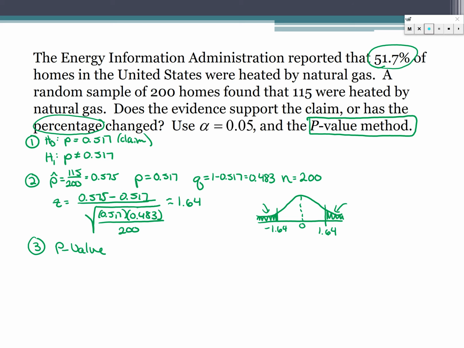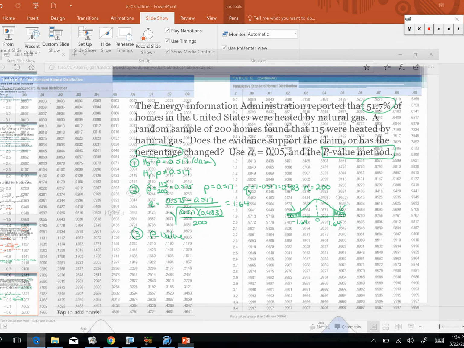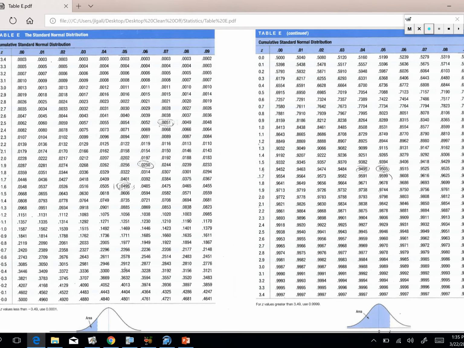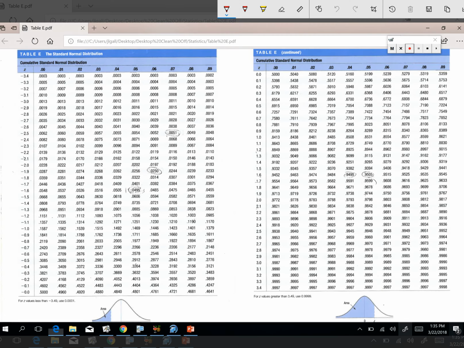So you have a couple options. You can go to the calculator, or let me show you the table. So this would be table E. Now let me show you, and I know it's kind of small up here, so if you are a table person, have table E in front of you.